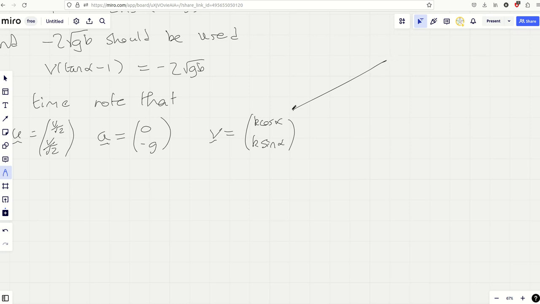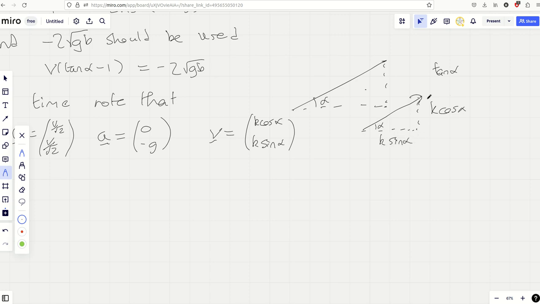Here's the roof, which is alpha, where tan alpha is obviously sine alpha over cos alpha, which is opposite divided by adjacent. And so we want our velocity vector, which is like this, to be k cos alpha, to make sure that angle is exactly the same, and k sine alpha.